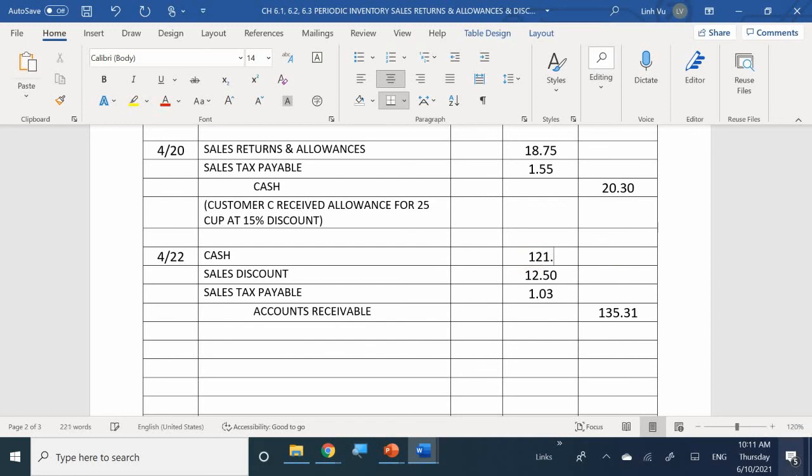That's the total discount plus the tax that I am taking away from what he owes me. If I take my 135.31, subtract my 12.50 discount and my $1.03 tax, I should be left with 121.78. Good.